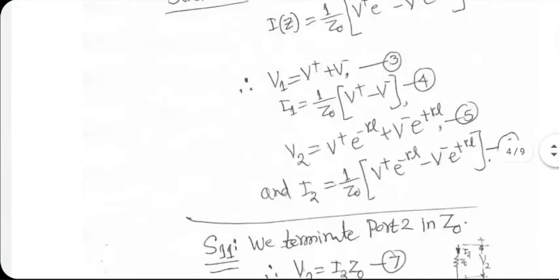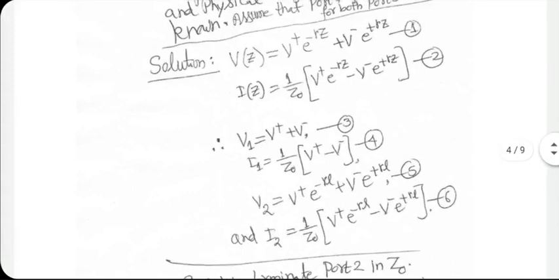First of all, before we do that, let's write down the four quantities V1, I1, V2, I2 based on these equations. We have done that in the past. Let's do it again. For getting V1, I simply put small z equal to 0. So I get V1 equal to V plus plus V minus. For getting I1, I again use equation 2, but I put small z equal to 0.